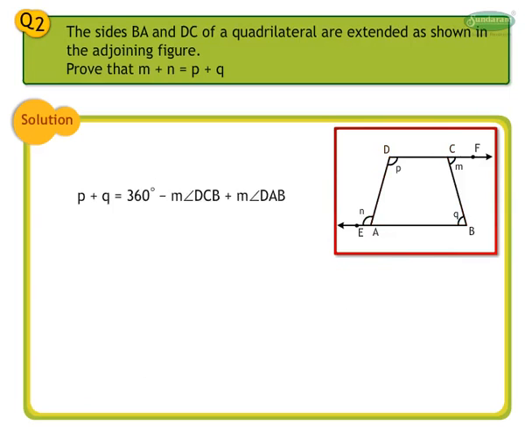Therefore, P plus Q is equal to 360 degrees minus the sum of measure of angle DCB and measure of angle DAB. Let us mark this as statement 4. Therefore, from statements 3 and 4, we get M plus N is equal to P plus Q. Hence proved.